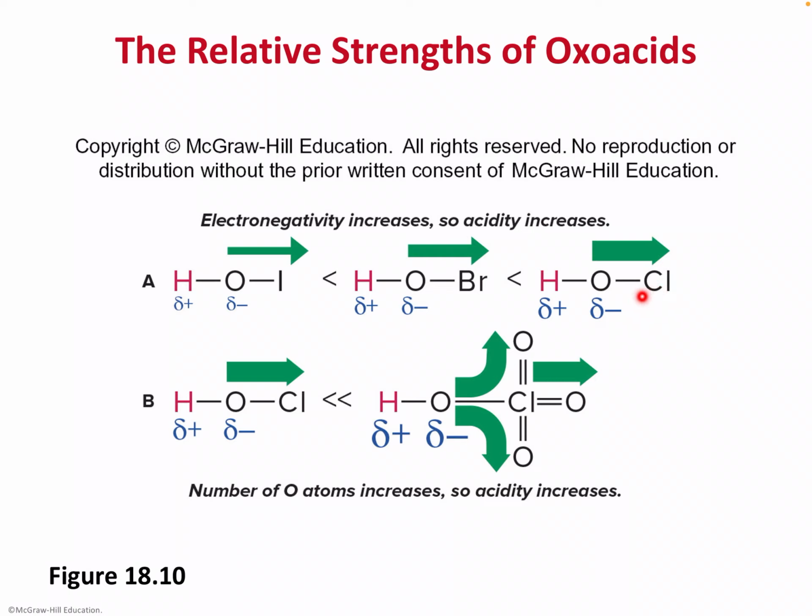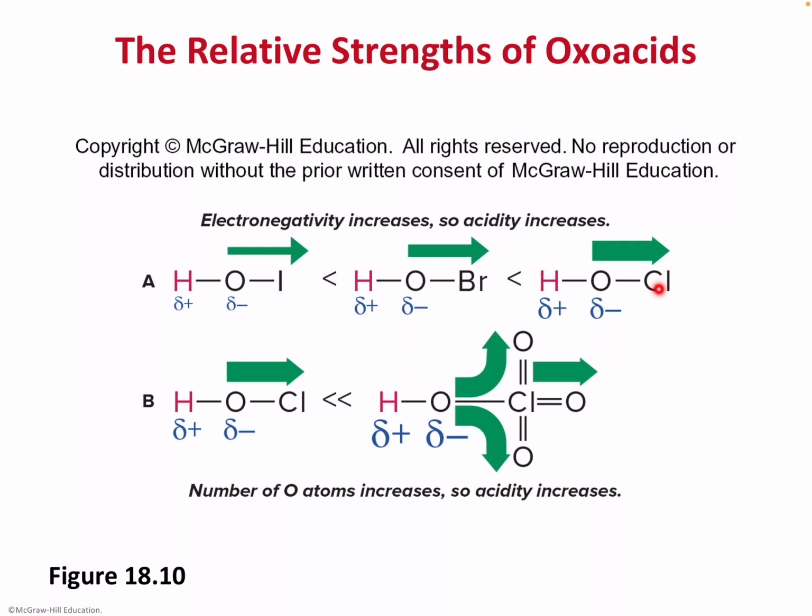So the stronger acid, when you have the same number of oxygens, is going to be the one that is more electronegative. Okay, so you can see the polarity between these two elements. Hydrogen is delta positive, oxygen delta negative. Once the hydrogen leaves, the negative charge can be more stabilized if it is connected to a more electronegative element.